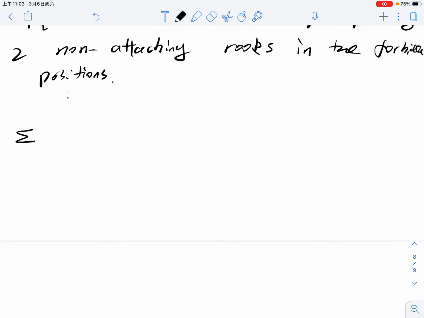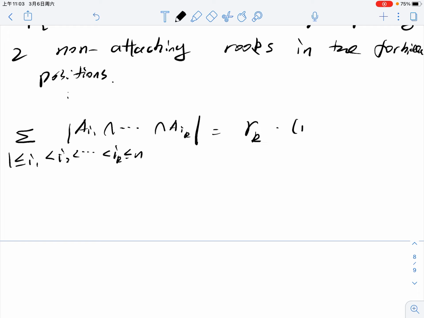Similarly, for any K intersection, we can define a number Rk. This is invariant. It depends only on the graph.